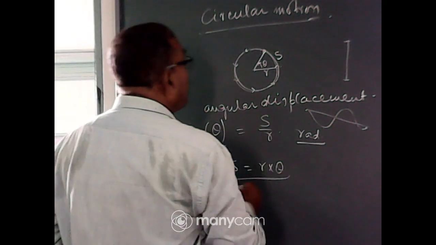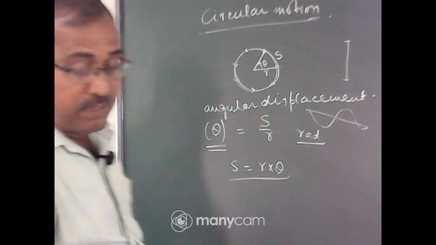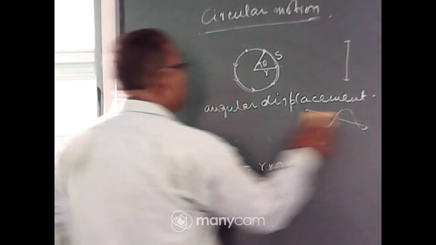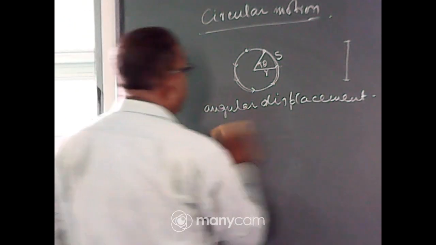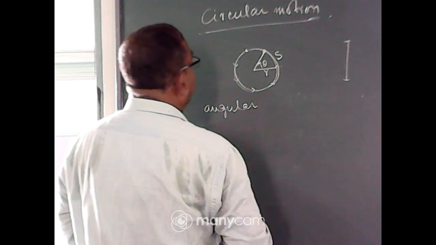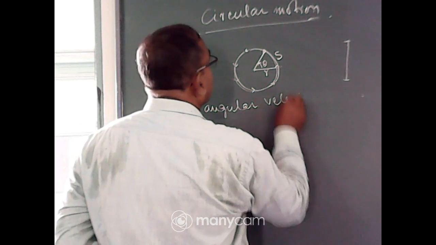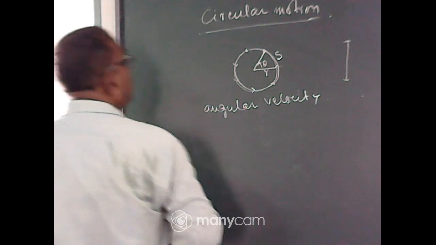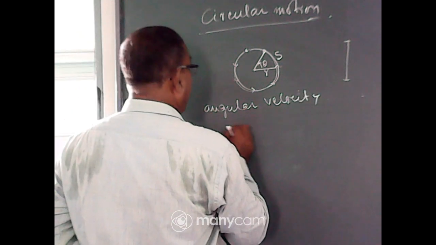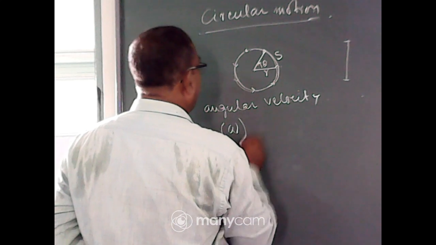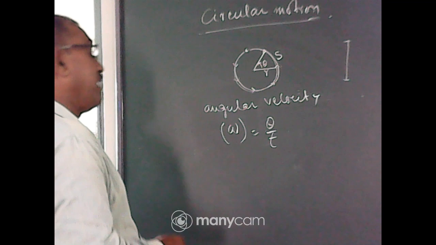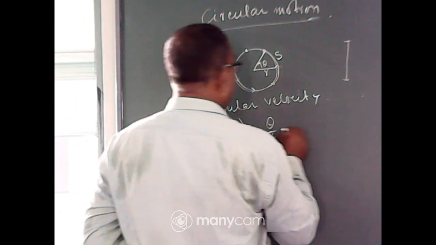Similarly, the angular velocity. Some people also use angular speed. Angular velocity is denoted by the letter omega. Omega equals angular displacement by time, theta by t.